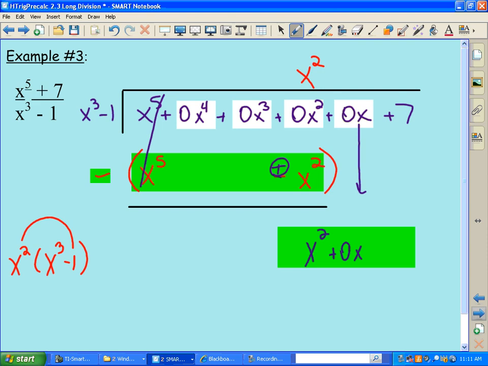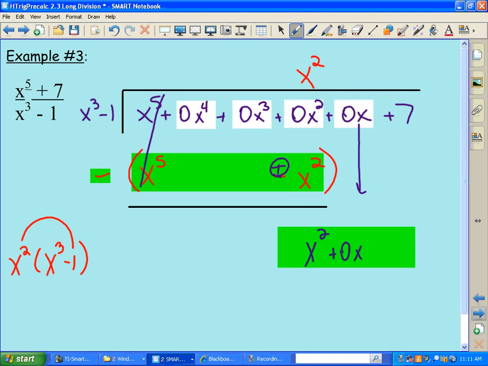I have x cubed. Is there anything I can multiply x cubed by to make it x squared? X to the 1/3. I'm going to keep whole number exponents, so we don't want to have negative exponents. We don't want to have fractional exponents, because then it wouldn't be a polynomial.